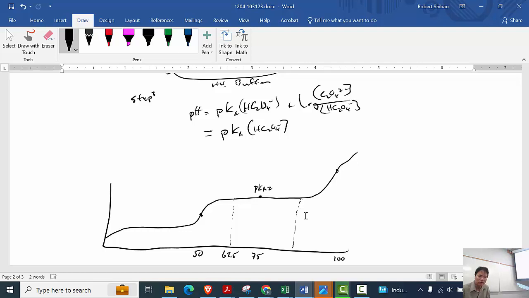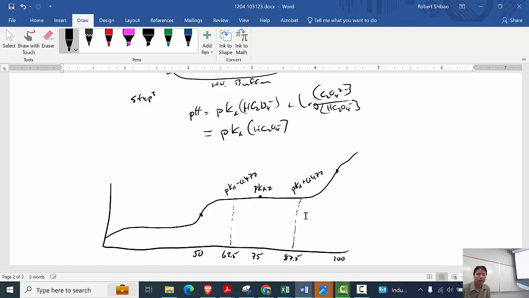And 3/4 of the way between 50 and 100 would be 87.5. All right, so at the 1/4 equivalence point, the pH is just equal to the pKa minus 0.477, the log of 1/3. And at the 3/4 equivalence point, the pH is equal to pKa plus 0.477.